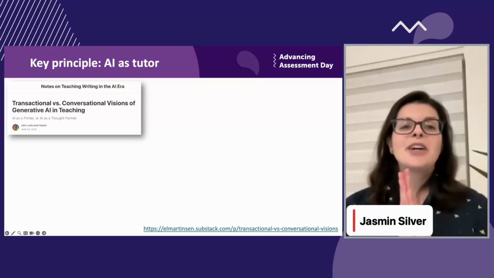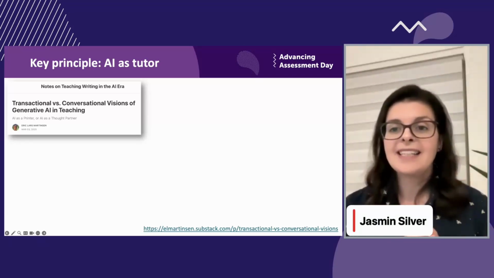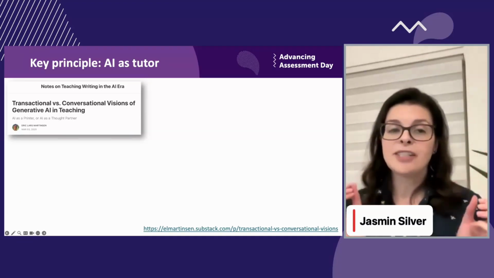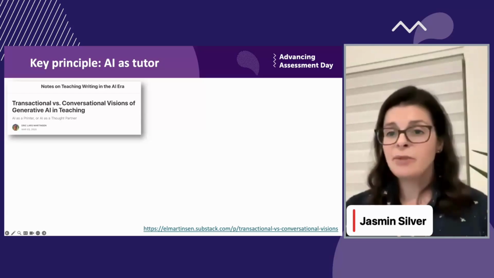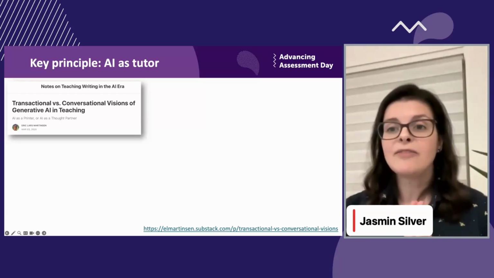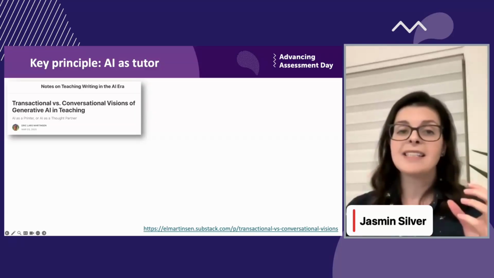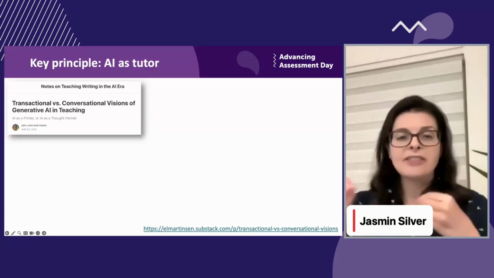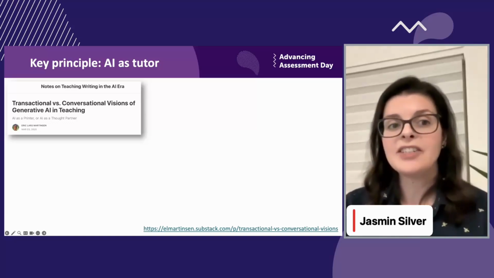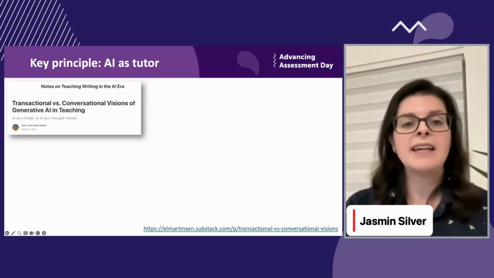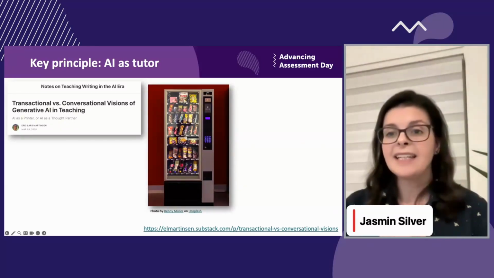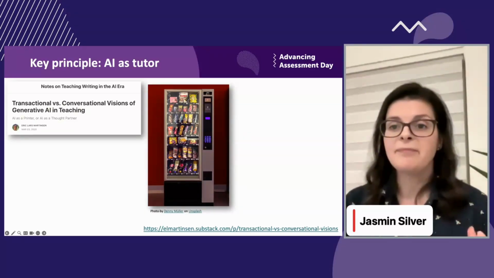Okay, so our principle number 1 is to use this idea of thinking about AI as a tutor. So that might seem quite obvious, but the reality is that a lot of us tend to think of AI as something transactional. And I'm borrowing an analogy from Eric Martinson here, who talks about students treating AI a little bit like a vending machine.